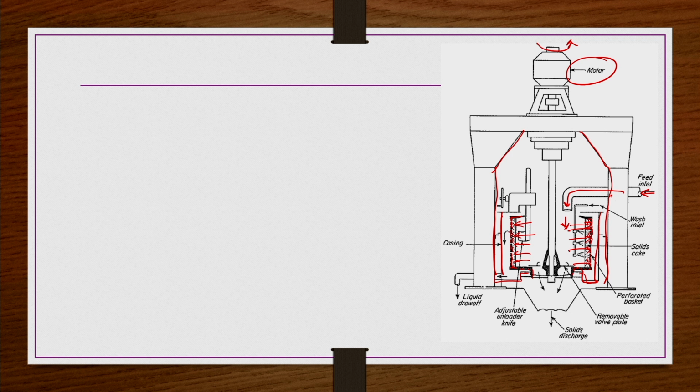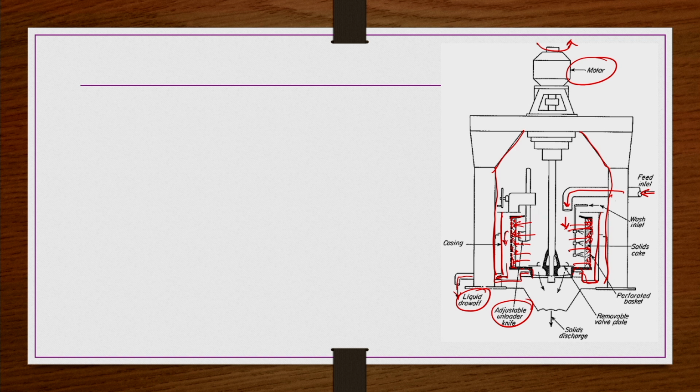Whatever filtrate liquid passes through will be collected through the liquid outlet, drained off like this, okay. The solids that are deposited are removed with a kind of adjustable unloader knife. It moves up and down, and to the left and right as well.